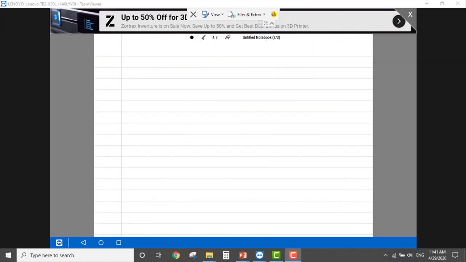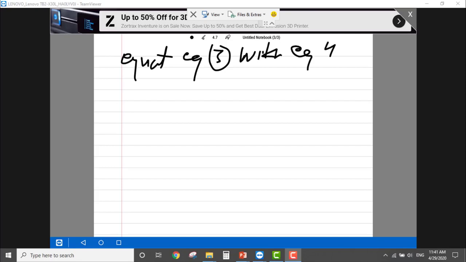So equate equation 3 with equation 4, or substitute 3 in 4 instead of AC. We'll end up with the following.